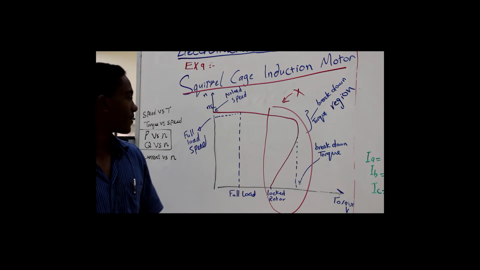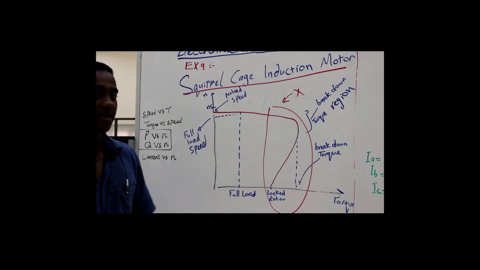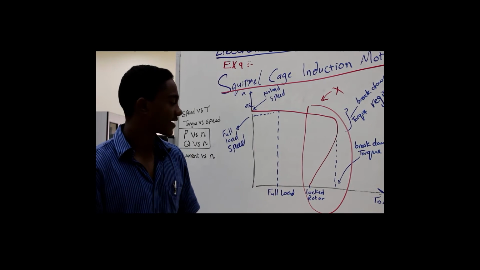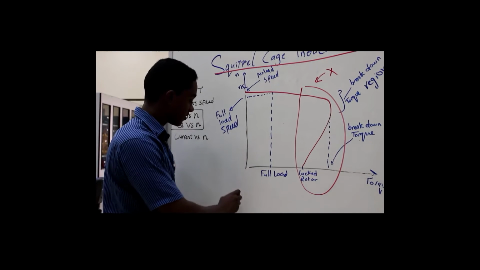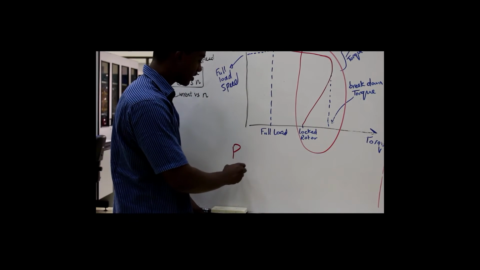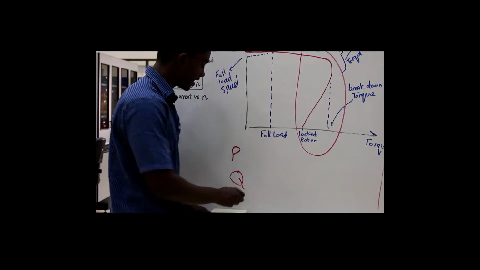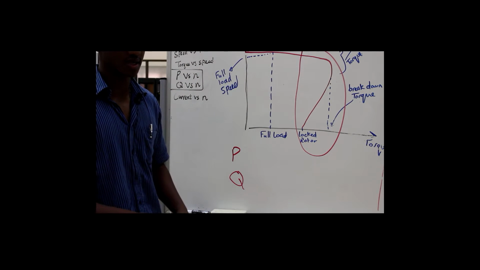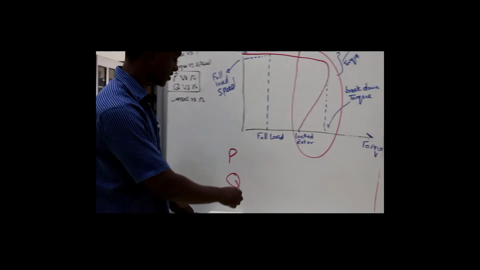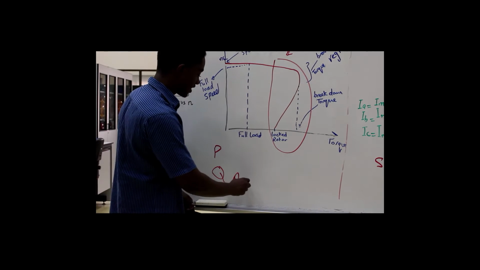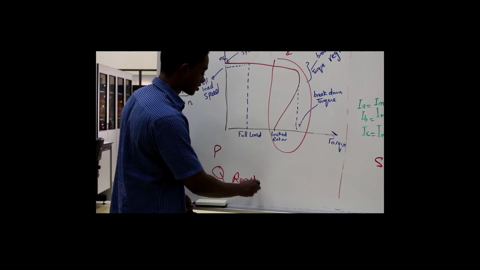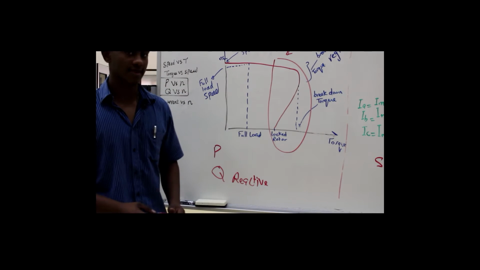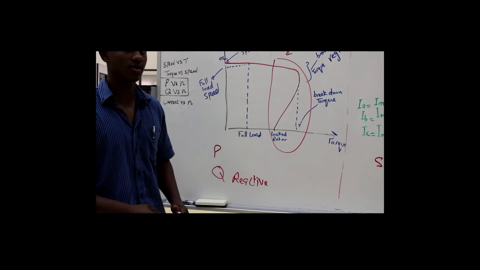We also care about the power and the reactive and active power characteristics. We have P and Q. The motor always draws reactive power, because you see here Q is the reactive power. The motor always draws reactive power because it needs it to create a rotating magnetic field. But P depends on the loading.